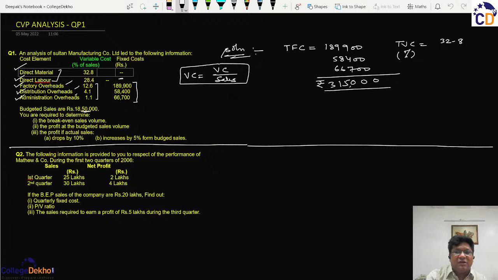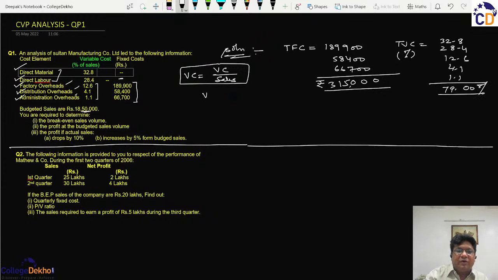32.8% is the variable material cost, 28.4% is the variable labor cost, 12.6% are variable overheads, 4.1% are the distribution overheads, and 1.1% are the administrative overheads. If we total that, it will come out to 79.00%.